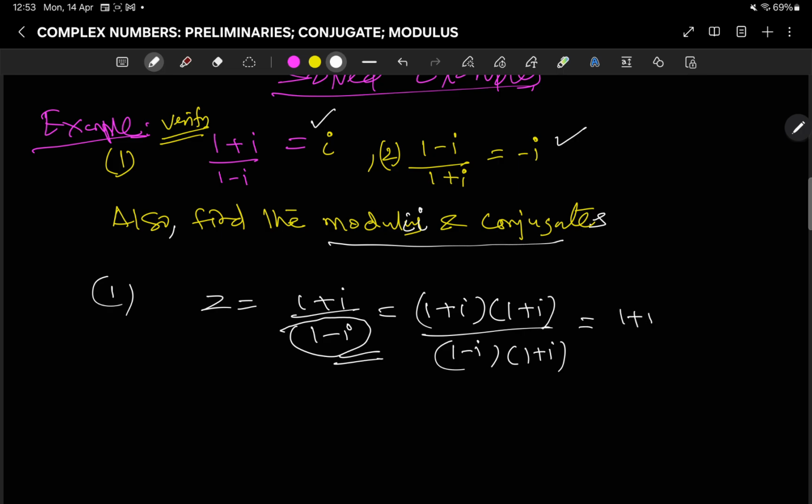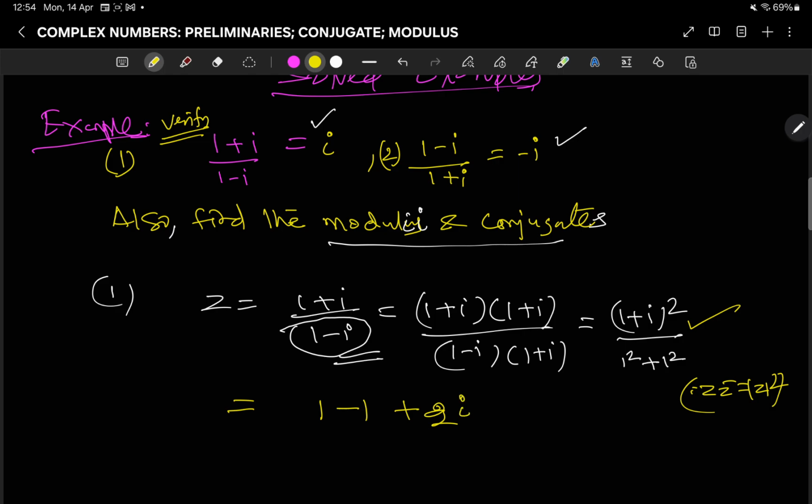So this is (1 plus i) square by the root of 1 square plus 1 square, because z into z conjugate is |z| square. Okay, so in the numerator you have (a plus b) whole square: i square is minus 1, plus 2i, right, 2i divided by 2, this cancels, this is your i.